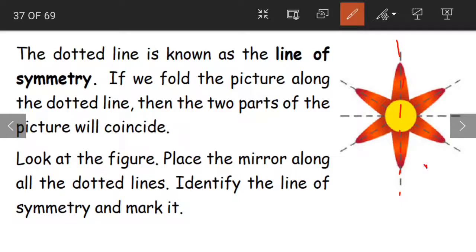Now for this particular figure here, we have got so many lines of symmetry. See, when I fold this figure along this line, if you observe, both are mirror halves, both are exactly the same. So it is called the line of symmetry, and the figure is symmetrical even when I fold it along this line.